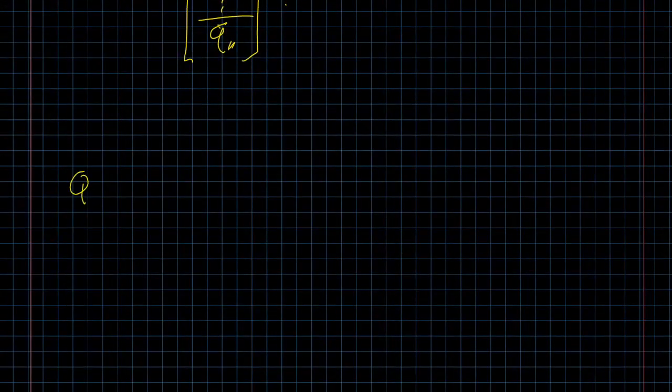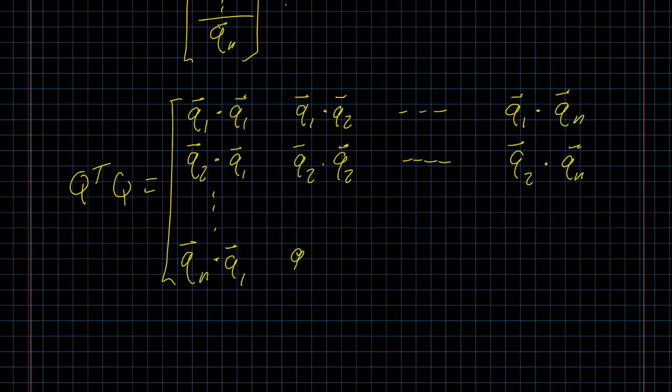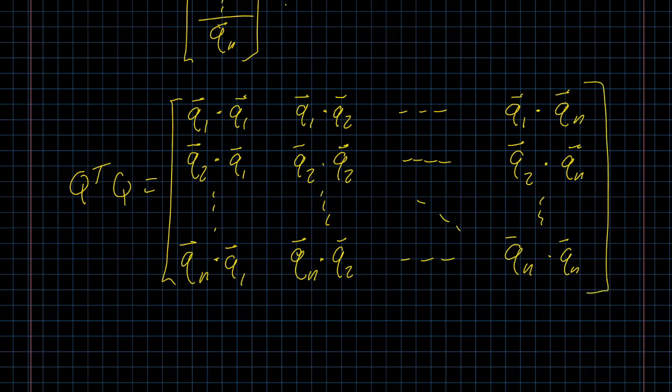Q transpose times Q is going to be the matrix of these dot products. So every entry in this matrix can be written as a dot product of two of these column vectors.